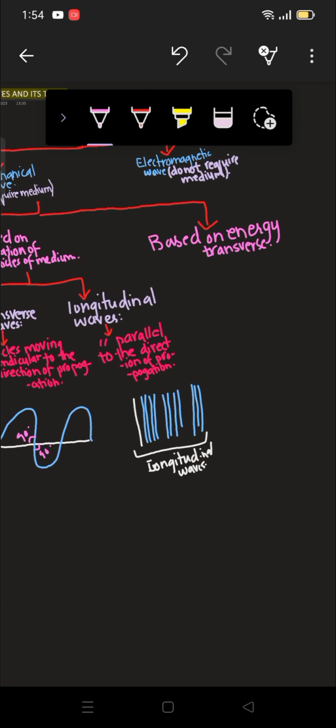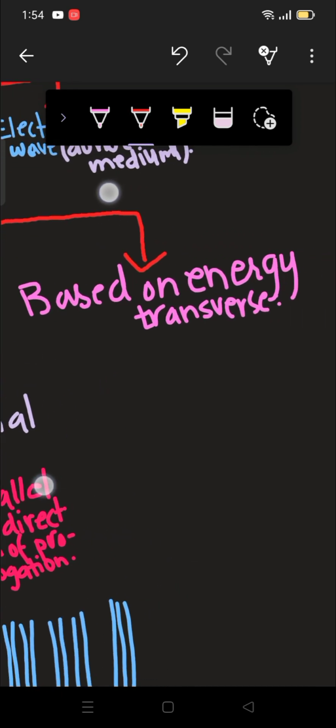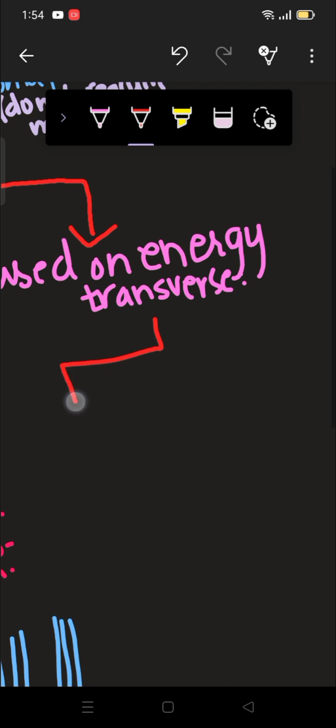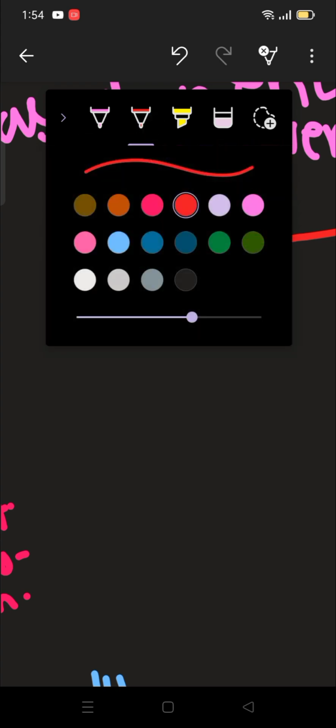Now further this is subdivided into two types. Let's see what those two types are. The first one is the standing wave.